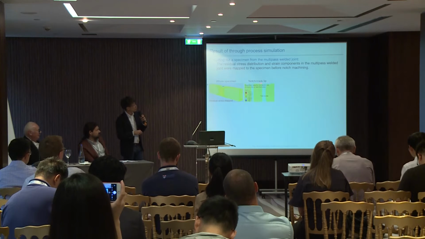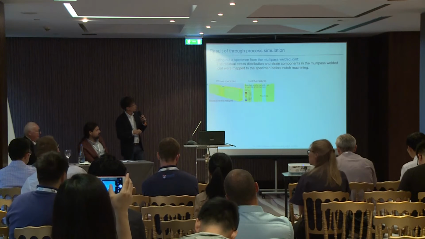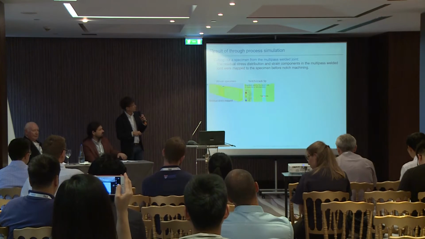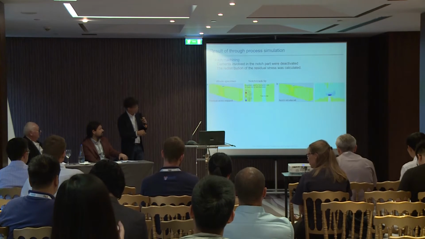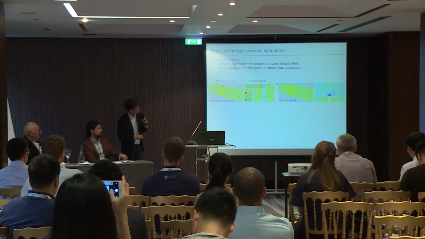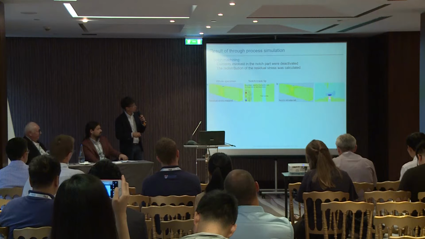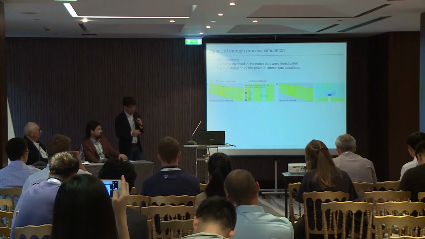And this figure shows the center cross-section through the thickness, so mid-thickness is shown. Then the notch part is machined by deactivating the elements corresponding to the notch shape, and then the redistribution can be calculated as shown in this figure.